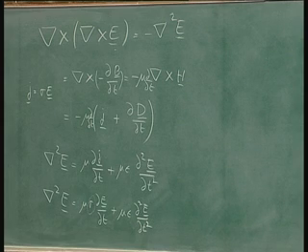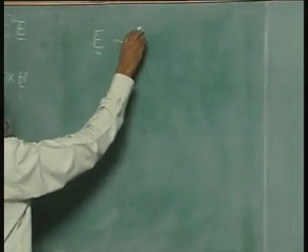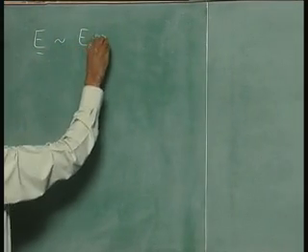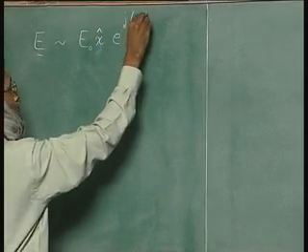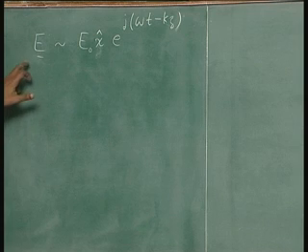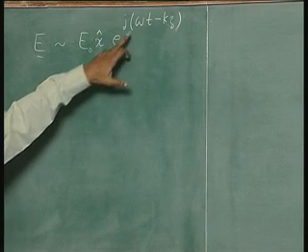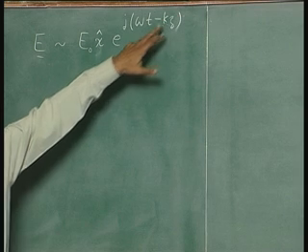Now I am going to look for simple waves. So I am going to assume that the electric field E is some E naught along the x direction e to the j omega t minus k z. So the wave is going along z with a frequency omega, a wavelength 2 pi over k.